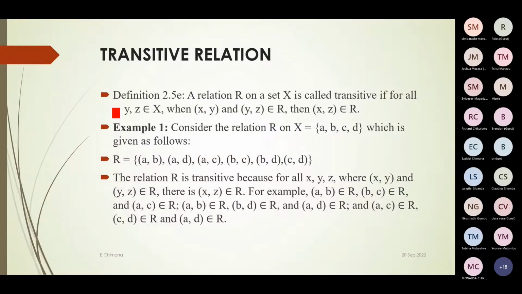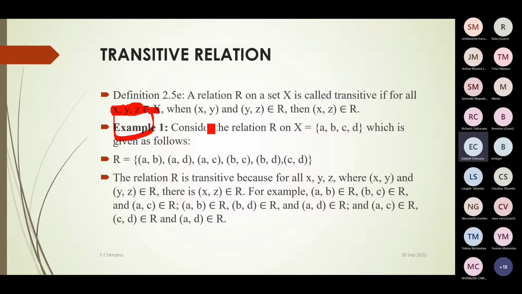On transitive relation, you need to understand it's different from other relations in the sense that it considers 3 elements, X, Y, Z. If X is related to Y and Y is related to Z, it means that X is also related to Z. That's what transitive relation is about.